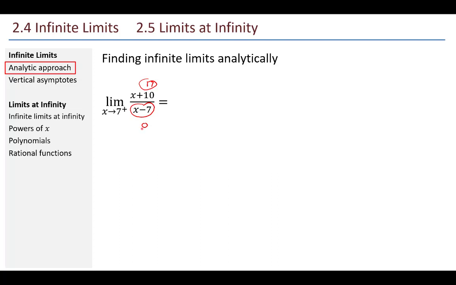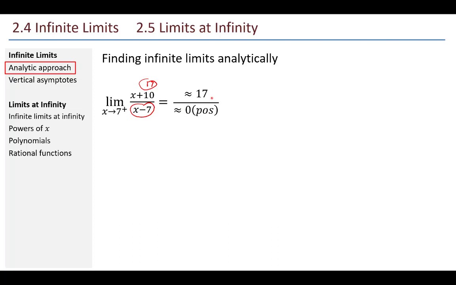Does it stay positive or does it stay negative? If x is approaching 7 from the right, my x values are a little bit bigger than 7. So that denominator is almost 0, but actually it's a small positive number. So I might write this as approximately 17 over approximately 0, but really positive.